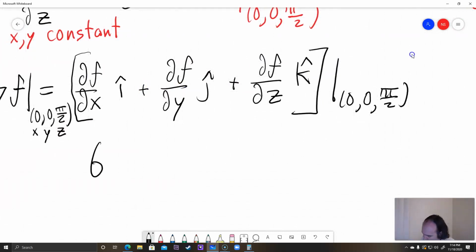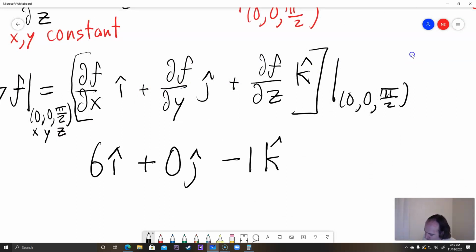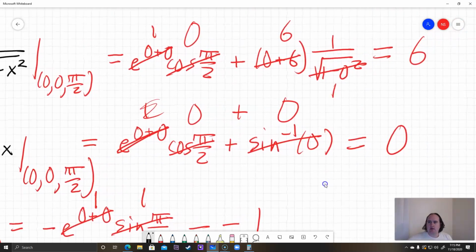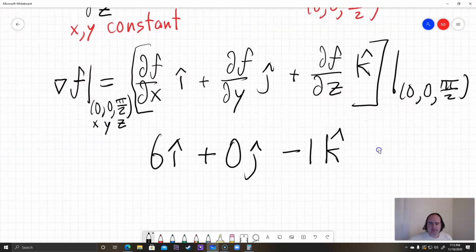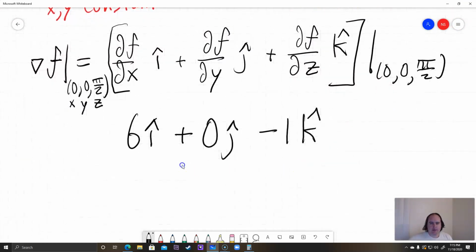So for our answer, we have 6i plus 0j minus 1k. That's what we said, right? 6, 0, and negative 1. Okay? And then remember, if you have something like 0j, you can leave it as 0j, but the standard thing to write is, if you have anything times 0, you don't write it in your answer.